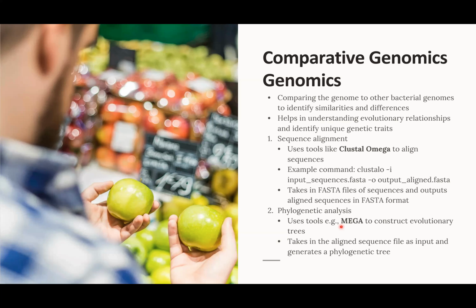An evolutionary tree just shows how far or how closely related your bacteria are. If they're closely related, then the branches will be closer, and if they're not, then they will be farther apart. It's like a family tree, but for evolution.